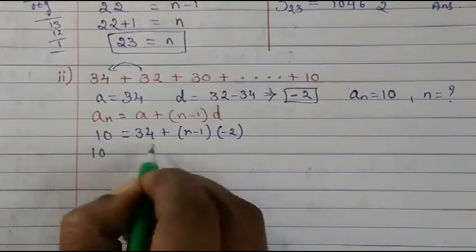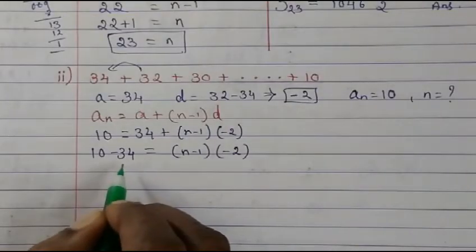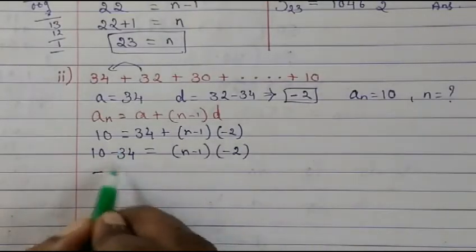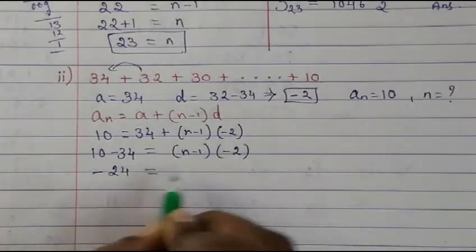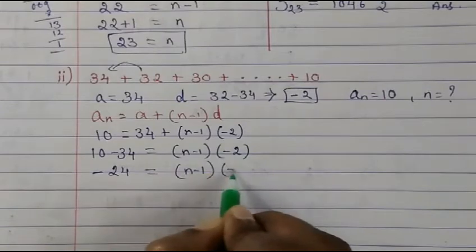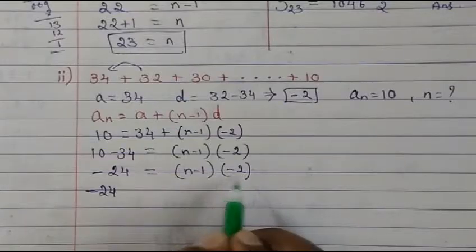So 10, this 34 comes here, minus 34, and n minus 1 times minus 2. So 10 minus 34 will give us minus, because the biggest number is in minus, so minus 24, equals n minus 1 times minus 2. So now let us bring this minus 2 to this side.